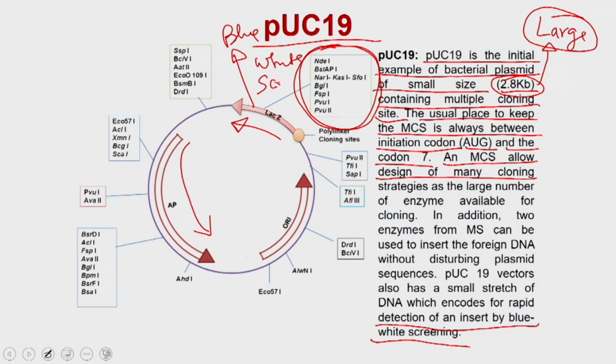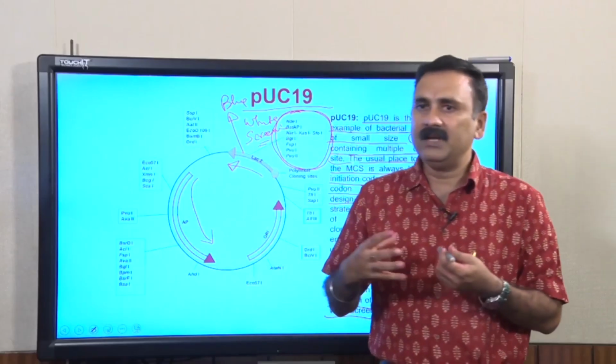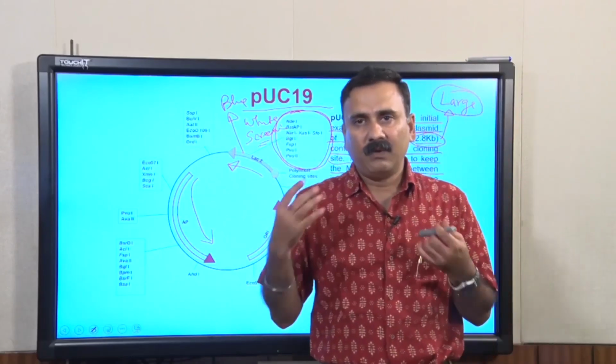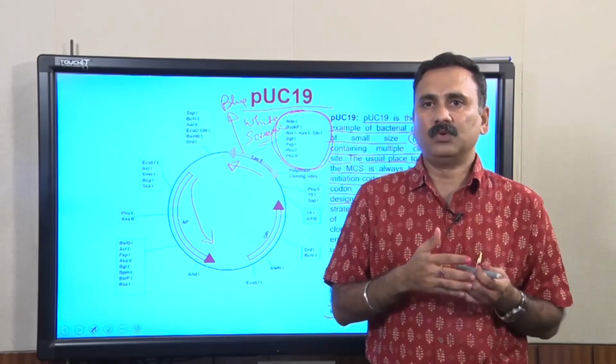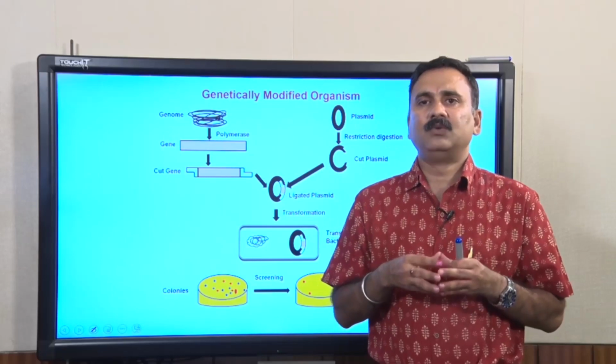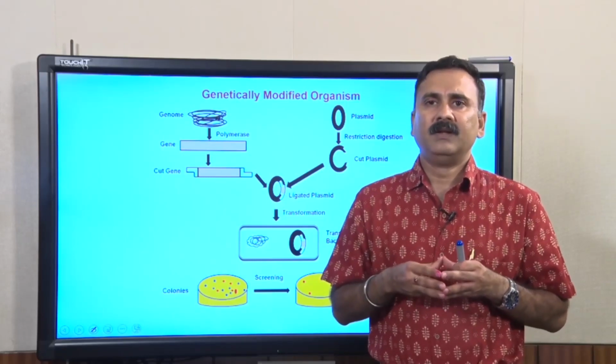That is an additional screening method introduced by deriving pUC19 from pBR322, and the multiple cloning sites are also put in a better way compared to pBR322. So with this we would like to conclude our lecture here. Thank you.